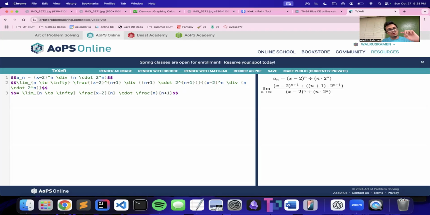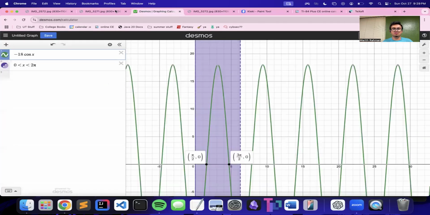We should observe that the limit as n approaches infinity of n over n plus 1 is just going to be 1, so we can take that out of the way. Then the limit as n approaches infinity is going to be 0.